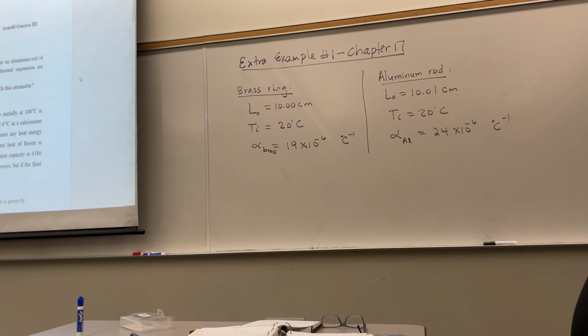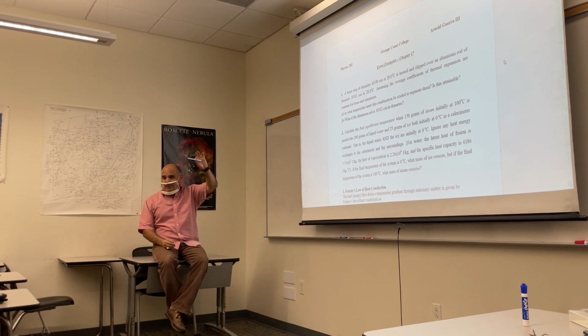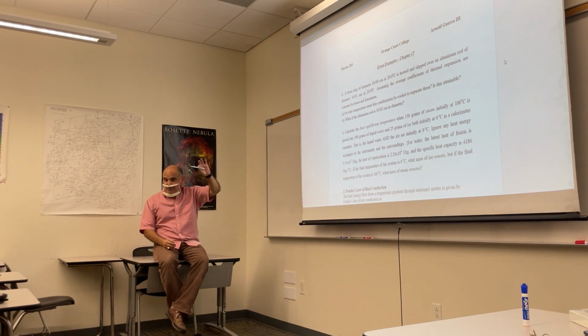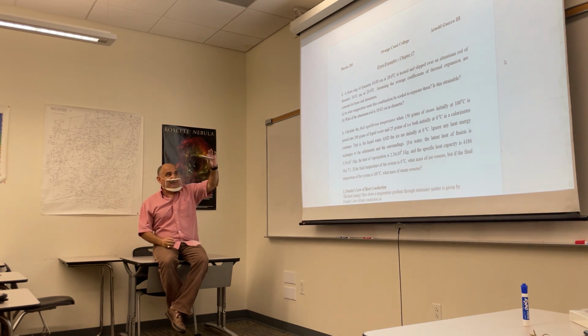Okay, so it's a little tricky. Let me begin again. I have a ring whose diameter is 10 centimeters at 20 degrees Celsius. I have a rod whose diameter is a little larger, 10.01 centimeters, also at 20 degrees Celsius. I want the ring to be slipped over the rod, but I can't because the diameter of the ring is 10 and the diameter of the rod is 10.01 centimeters.